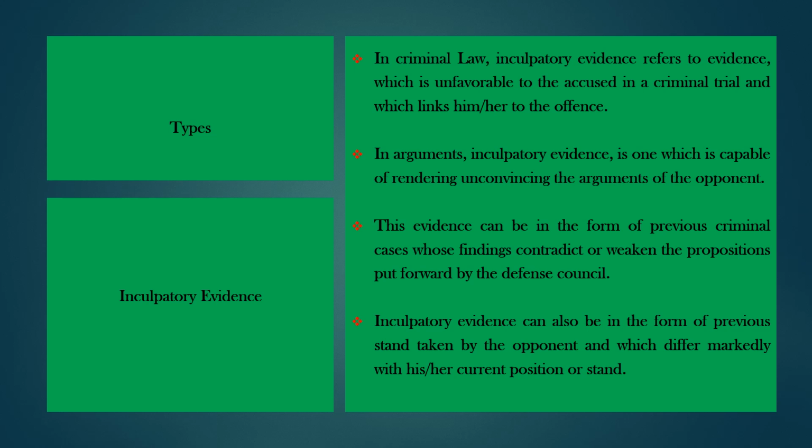This evidence can be in the form of previous criminal cases whose findings contradict or weaken the propositions being put forward by the defense counsel. Inculpatory evidence can also be in the form of previous stands taken by the opponent which differ markedly from his or her current position or stand.